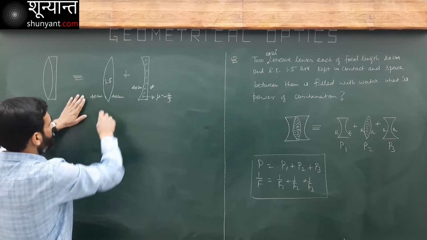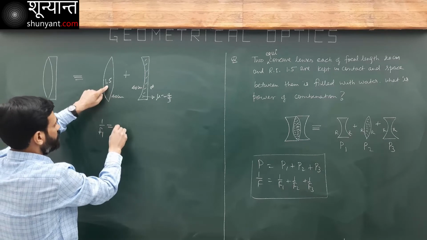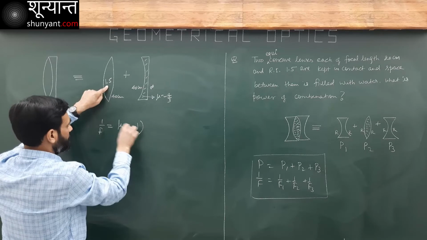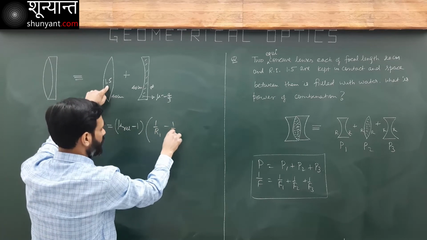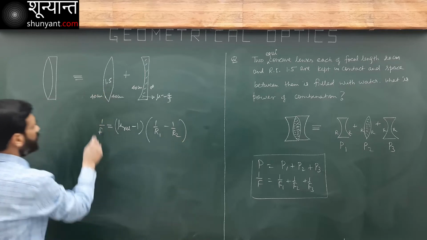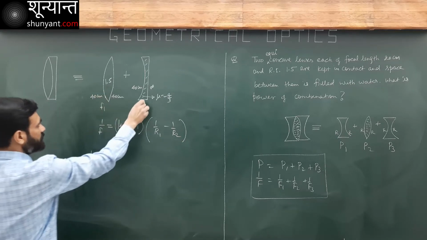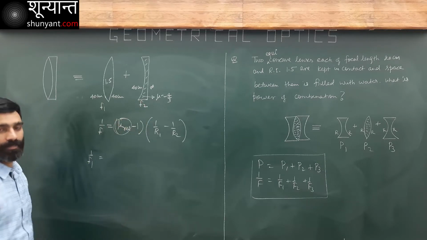It is equal to mu relative minus 1, and then 1 over R1 minus 1 over R2. For the first lens, 1 over F1, what will be mu relative?